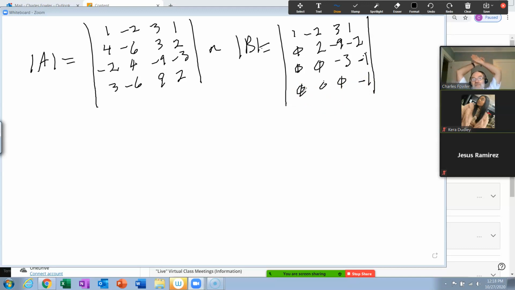Which of those do you think would be easier to evaluate the determinant? A or B? Anybody?